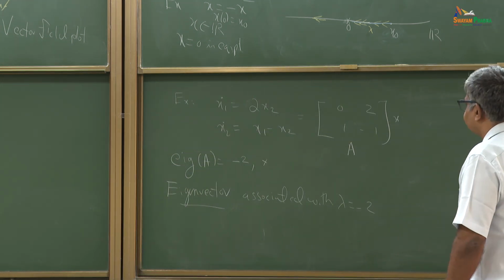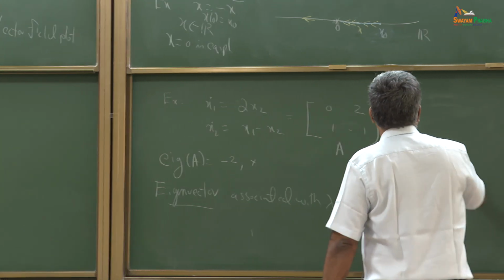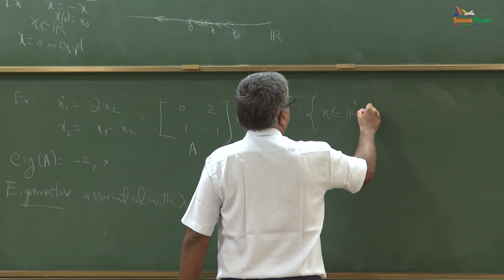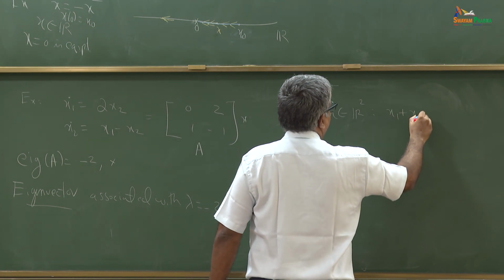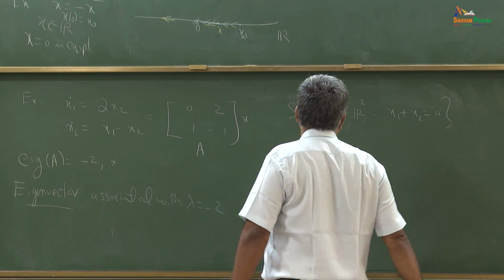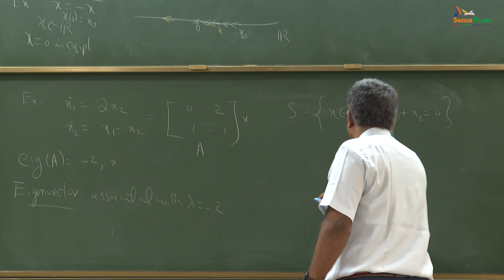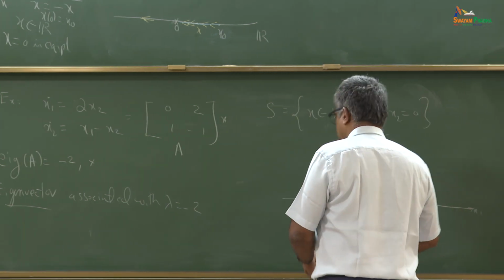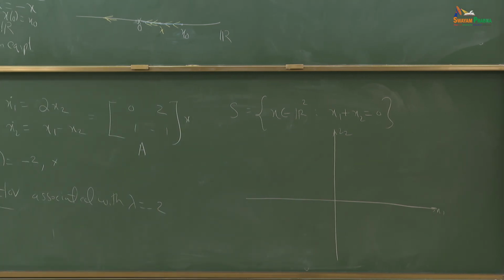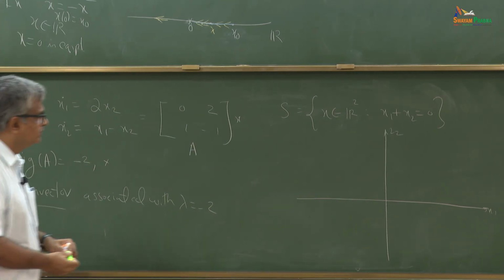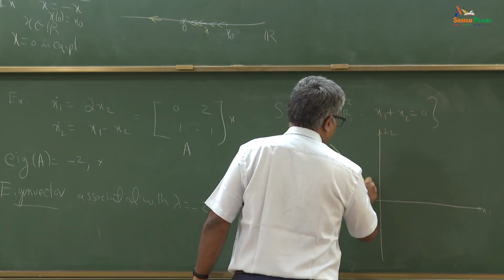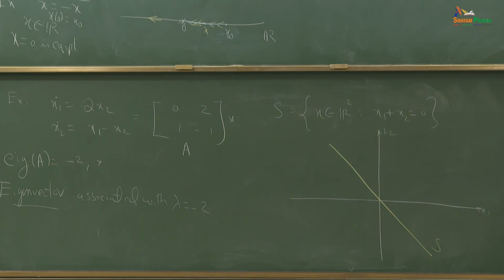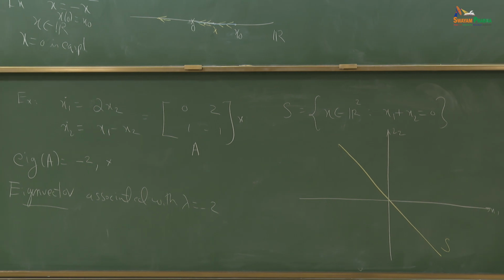Now, let me define the set S as follows. So this is the set S. How does it look? This is the one with the negative slope. Can anyone tell me what this line depicts?